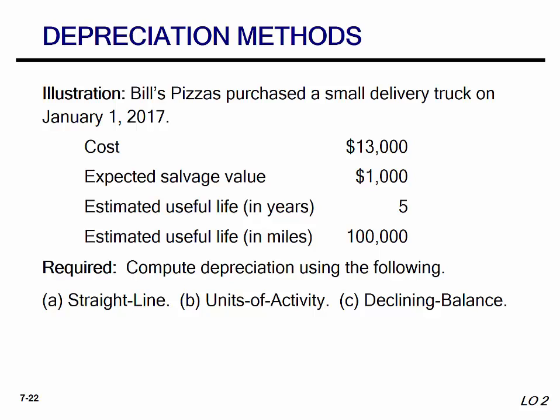All right, so we're now going to learn how to compute depreciation using the following methods. We've got the straight line, which earlier was method number 1, and then units of activity was method number 3 on our list. These are the two that I was talking about where we have got to take HC and SV and use them in our calculation. And then the declining balance one is a little bit different.